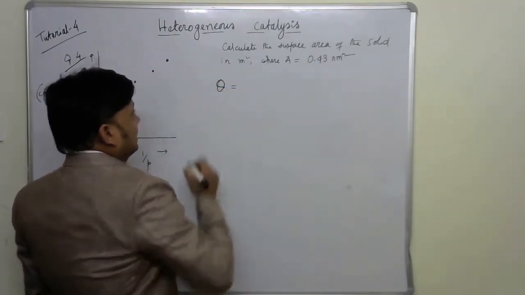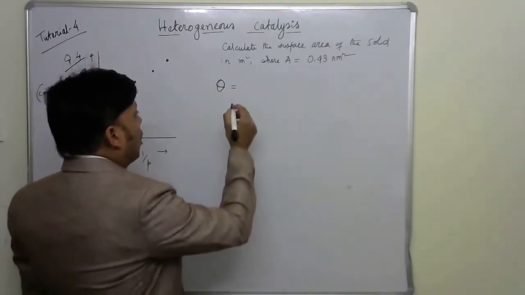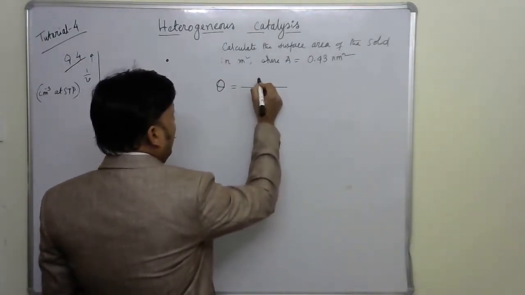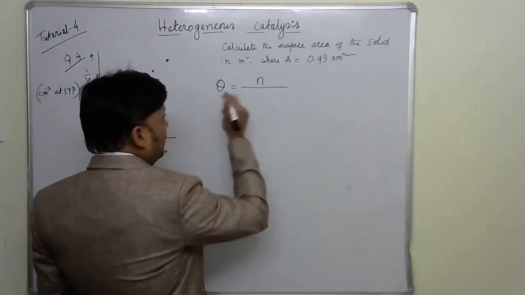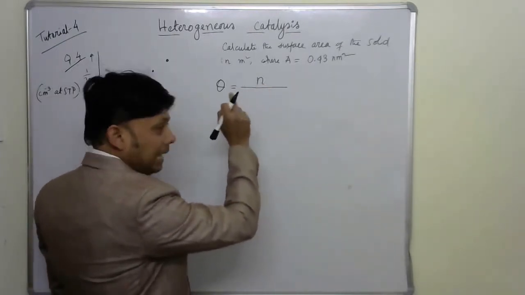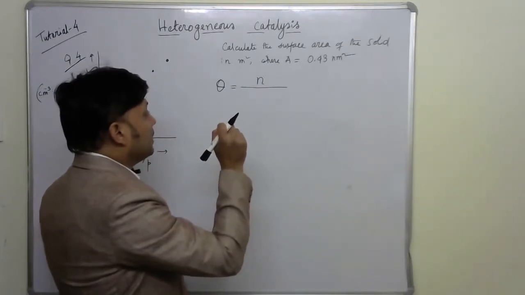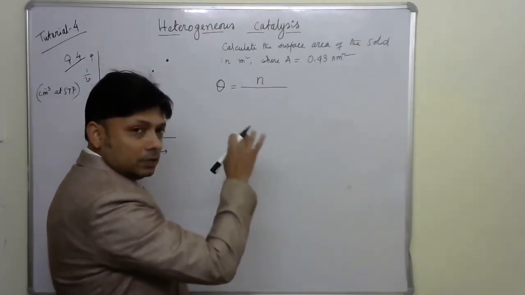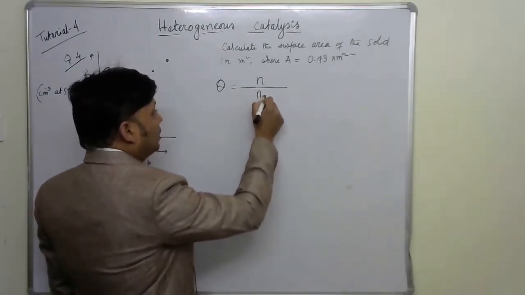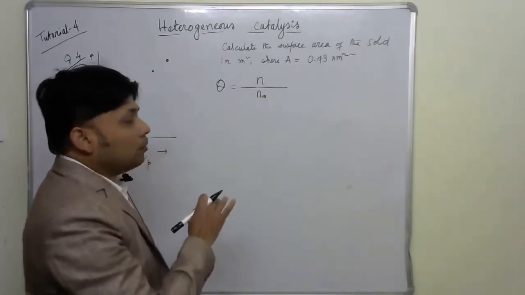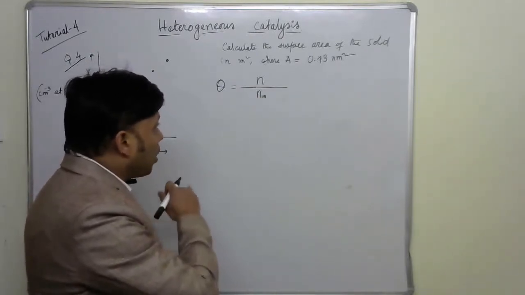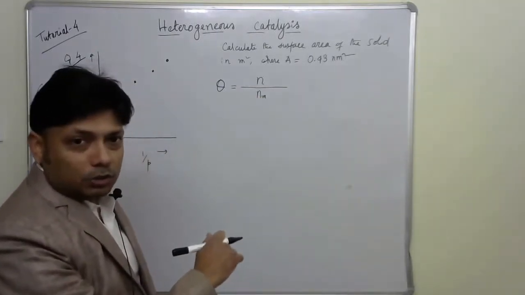What is theta? Theta is the fraction of gas molecules that is adsorbed. That means the number of gas molecules N currently adsorbed on the surface, divided by Nm, the total number of gas molecules required to form a complete monolayer on the adsorption surface.